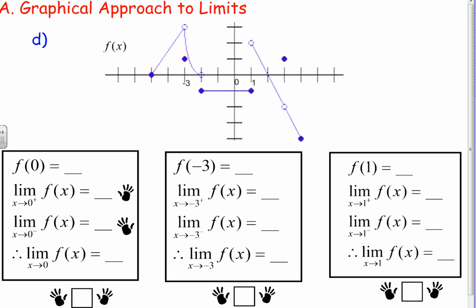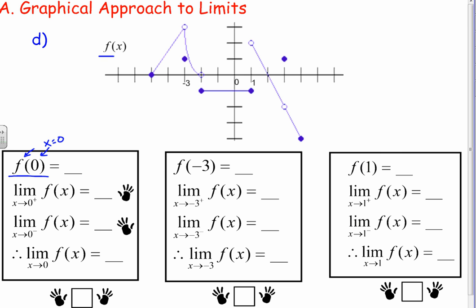Graphical approach to limits. So we've got this complicated function. I want you to try and fill in this chart. This should be a very easy question. What is it saying to you? To me, I'm looking at, well, there's some function f. Okay, that is the graph that I'm looking at. This is an x value at 0, isn't it? What is the function's value at 0?